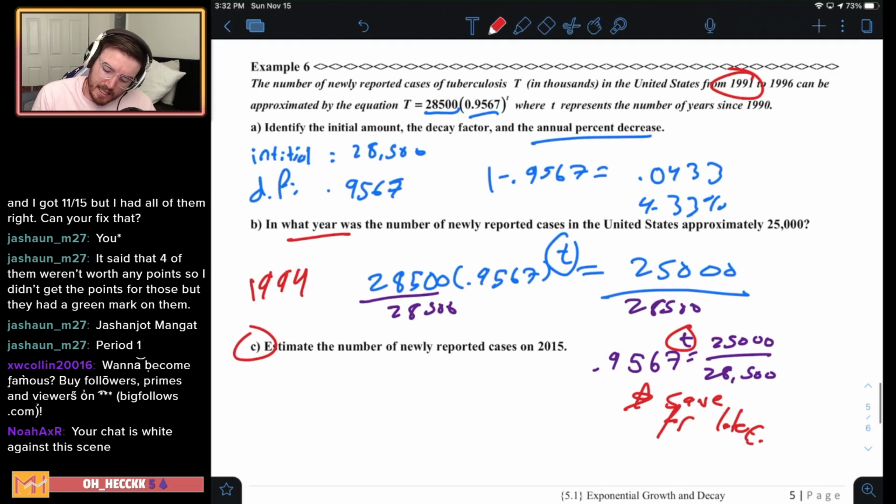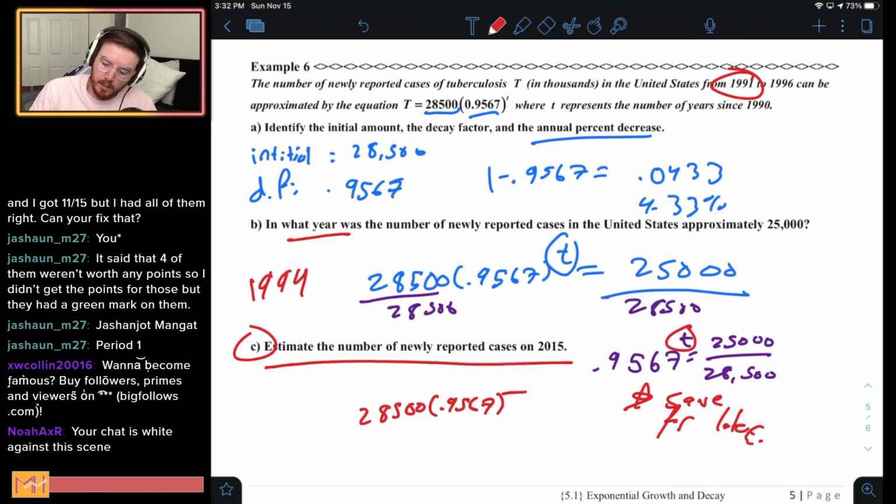And this says estimate the number of cases in 2015. Well, that means we know how much time has passed. We know what t is. What is t? 2015. Well, from 1991 to 2001, that's 10 years. And then 2011, that's 20 years. So 2012, 2013, 2014, 2015, that's 24 years.